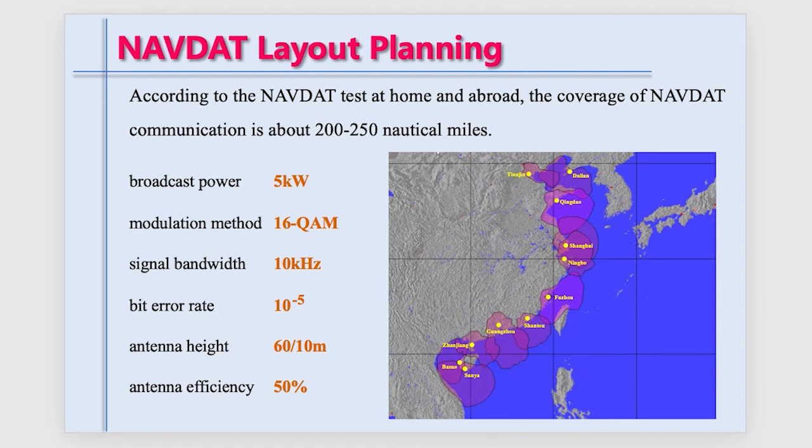They are Dalian, Tianjin, Qingdao, Shanghai, Ningbo, Fuzhou, Shantou, Guangzhou, Zhanjiang, Beihai, and Sanya. The coverage effect of the NAVDAT stations simulated by WRAP software is shown in the picture.